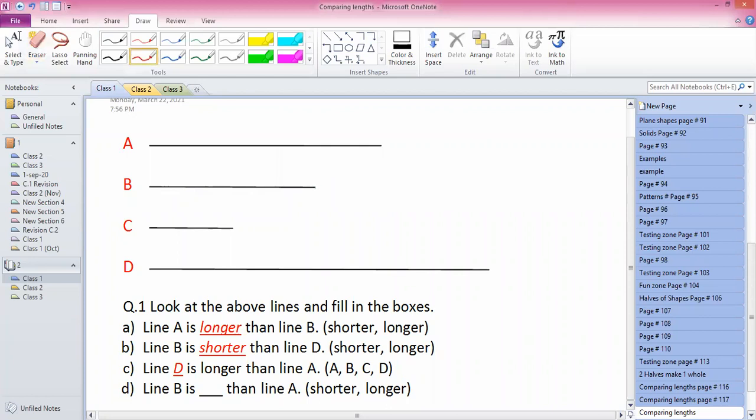This is line B. This is line A. You are saying line B is longer? No, no. This is line B. Look, it's written line B. So line B is shorter or longer than line A? Shorter. Very good. Thank you.